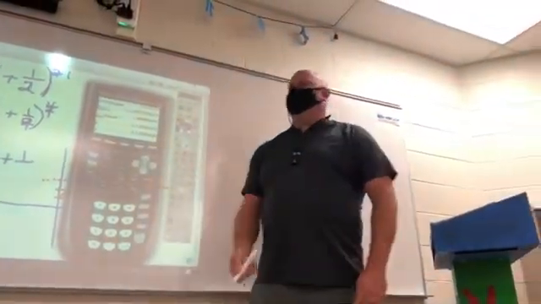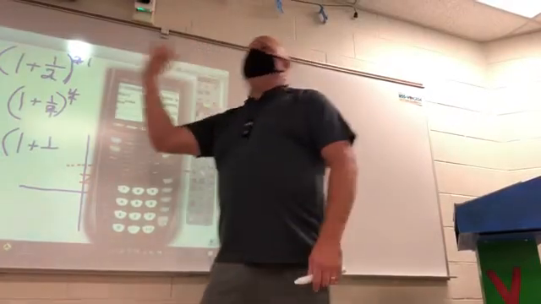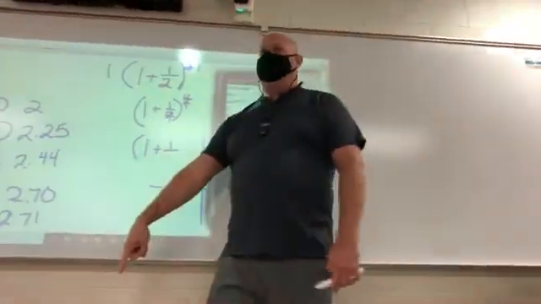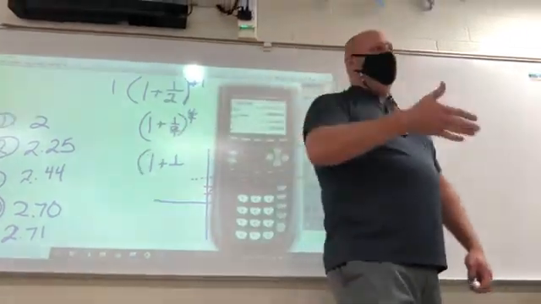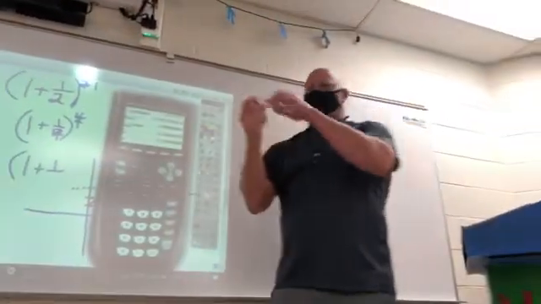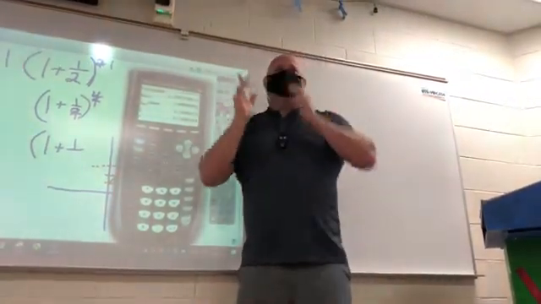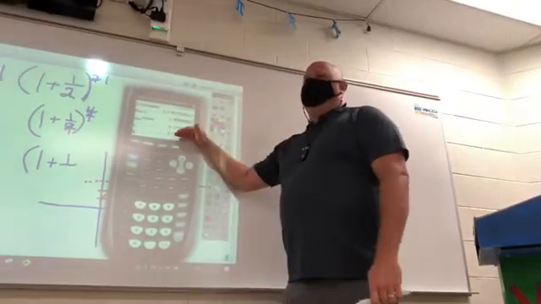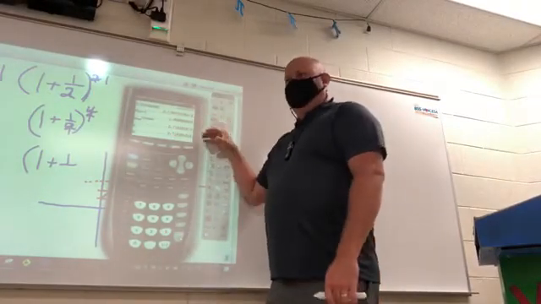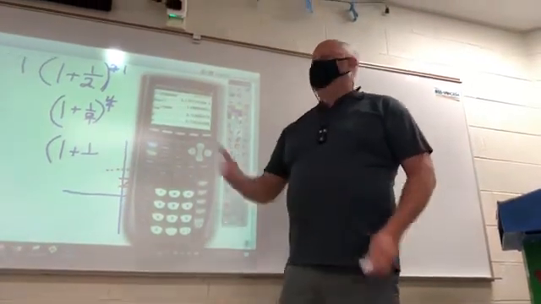Heck, if I throw this pen up in the air, the probability that it lands on one of those lines on the floor, pi will be in that answer, because it's kind of circular. E is kind of the same thing, but with exponential functions. That's all this number is.